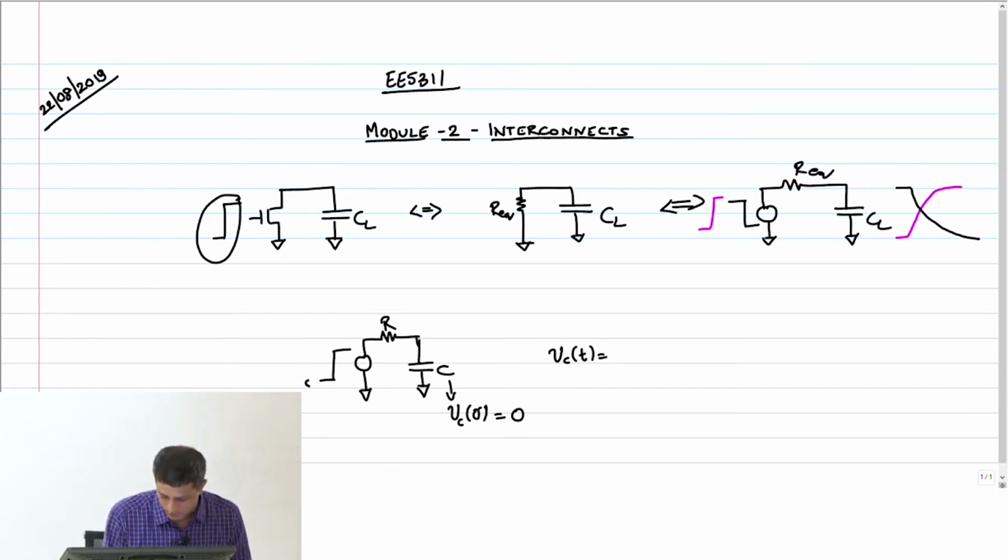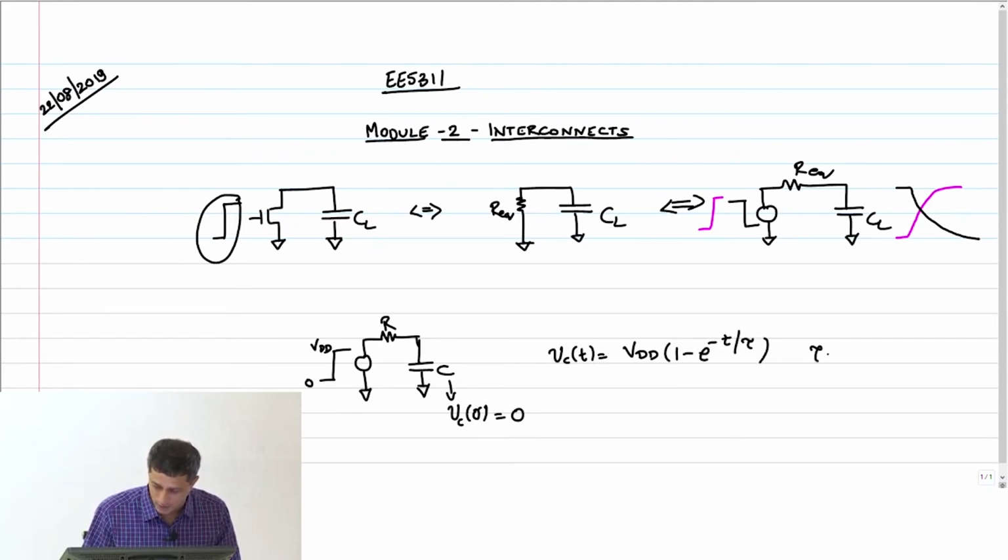Let us say this goes from 0 to VDD. It is VDD into 1 minus e power minus t by tau, where tau is equal to R equivalent into C.